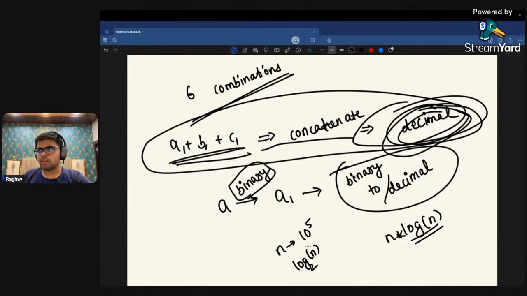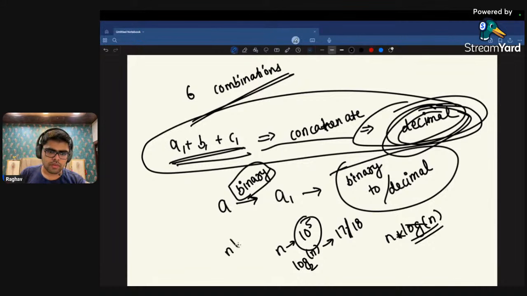At least in all the editorials you will see related to coding, generally people don't write log 2 n, instead they just write log n. So this log of n would here be around 17 or 18 for n equal to 10 raised to the power 5.